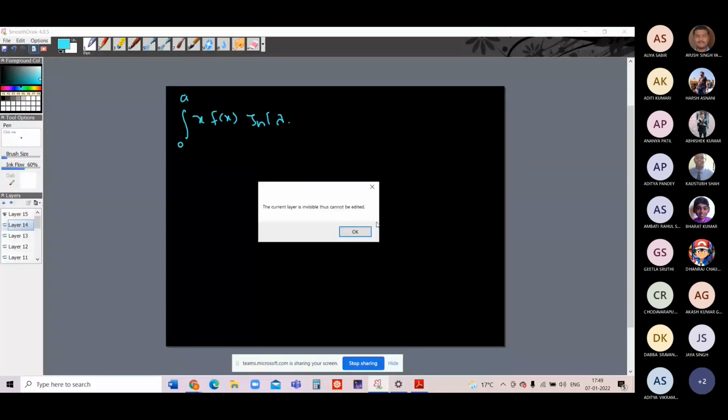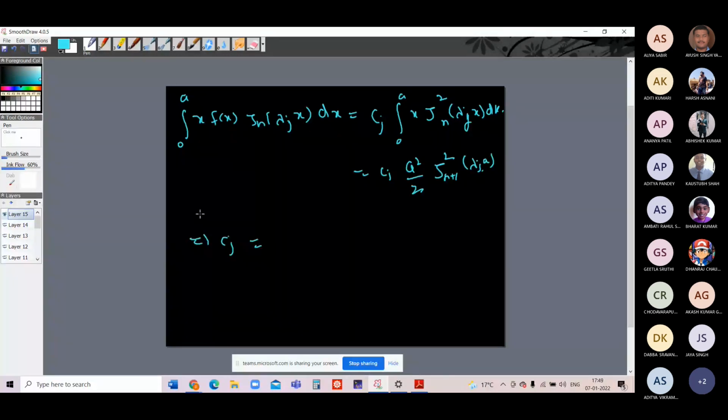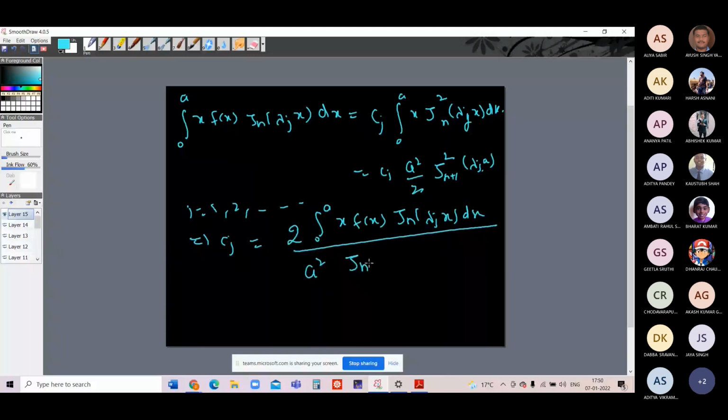So the integral from 0 to a of x f(x) J_n(lambda_j x) dx equals c_j times the integral from 0 to a of x J_n squared(lambda_j x) dx. We have already evaluated this; its value is a squared by 2 times J_{n+1} squared(lambda_j a). So c_j, where j goes from 1 to 3 and so on, is the integral from 0 to a of x f(x) J_n(lambda_j x) dx divided by a squared by 2 times J_{n+1} squared(lambda_j a), that is 2 over a squared J_{n+1} squared(lambda_j a) times the integral.